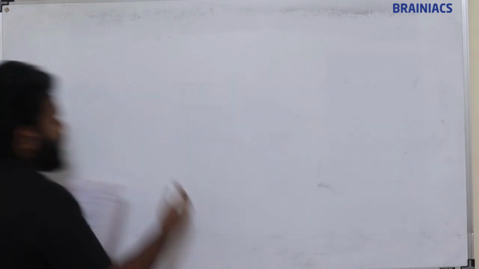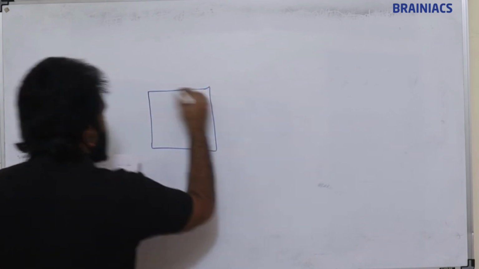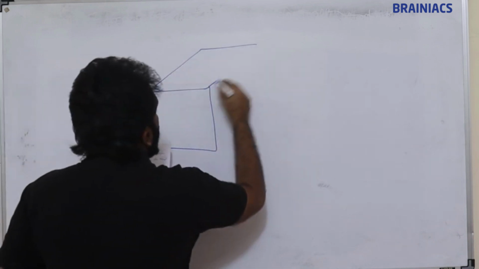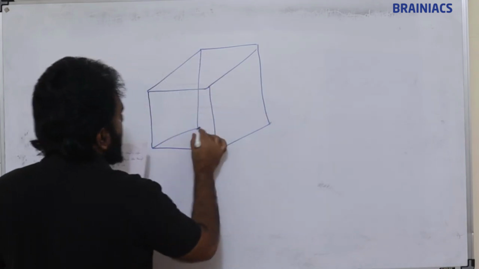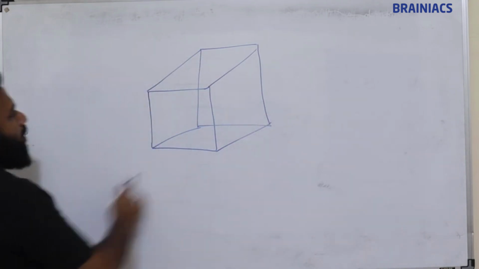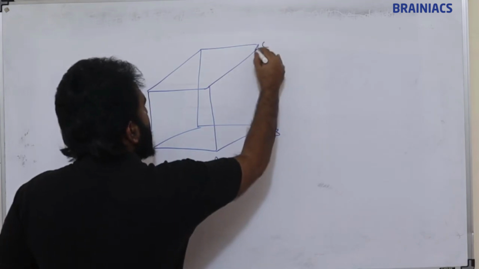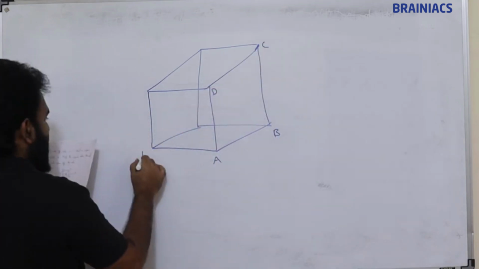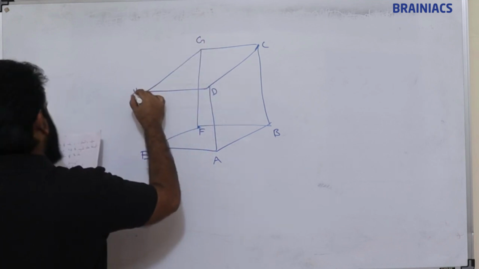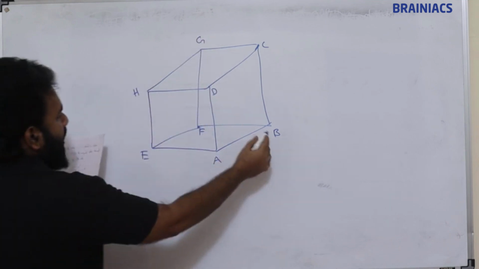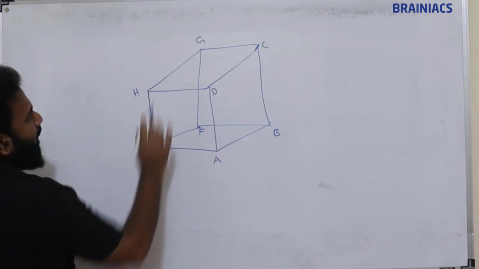So this is a square cube. Its corners are labelled A, B, C, D, then E, F, G, H. Now all the corners will have a letter.